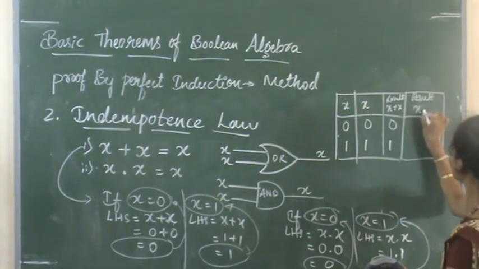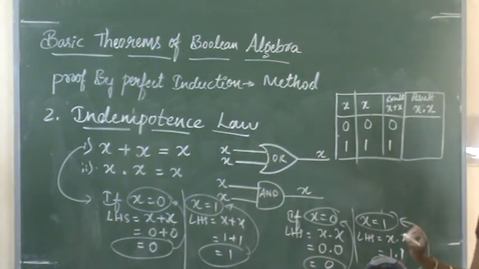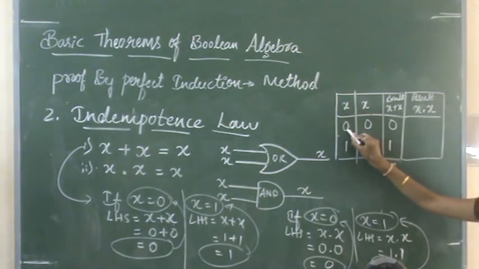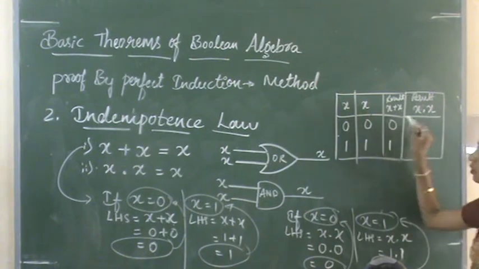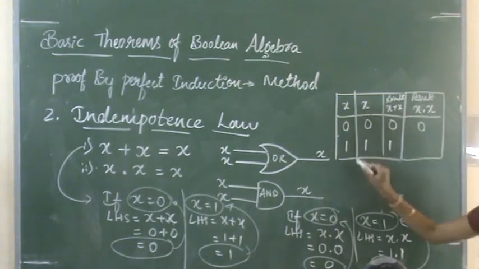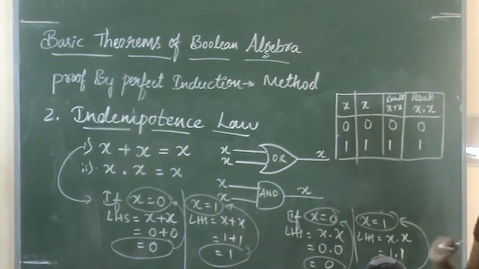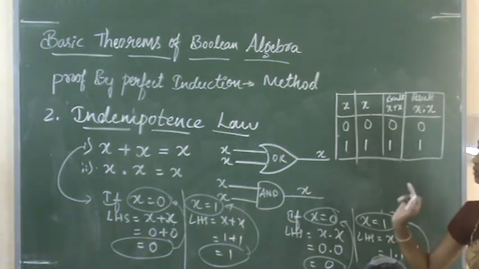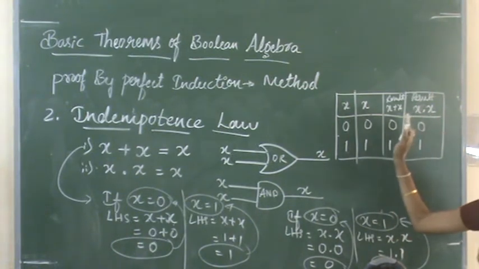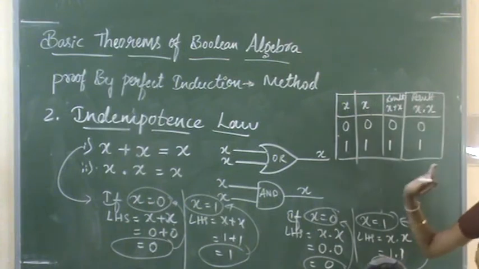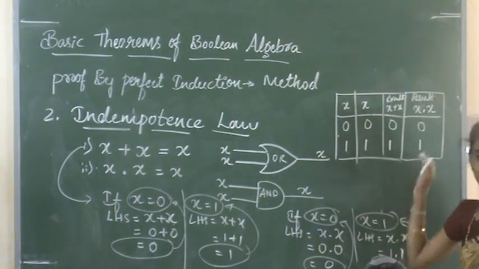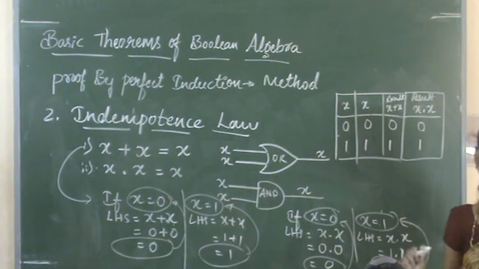That is x AND x. If I provide x value 0 and 0, what will be the output? It is 0. 1 and 1, 1. Okay. So this is the truth table. Don't write it in a single table, just split that table. Okay. Because of shortage of space, I wrote it in a single table.